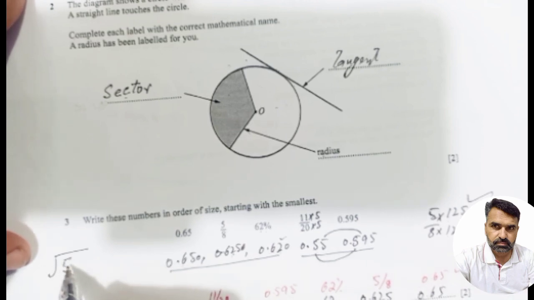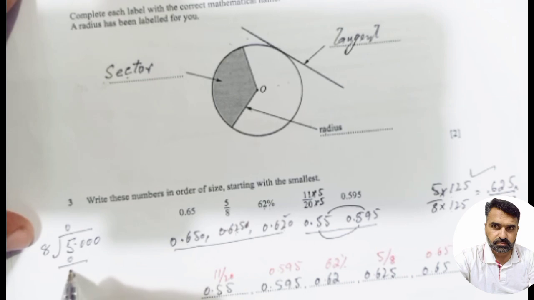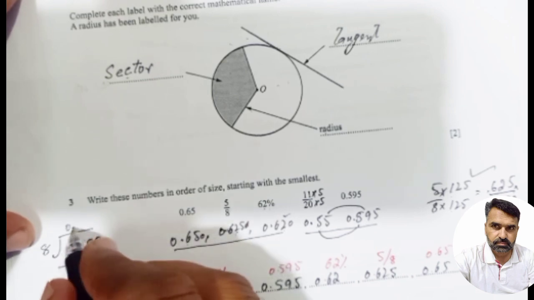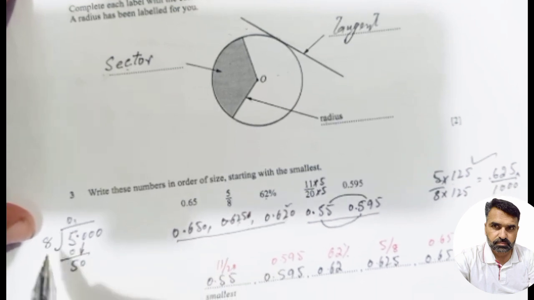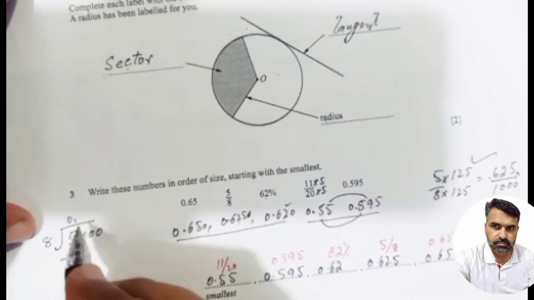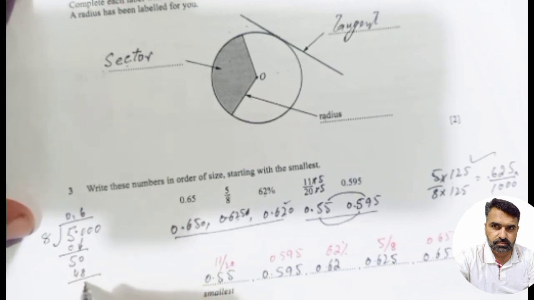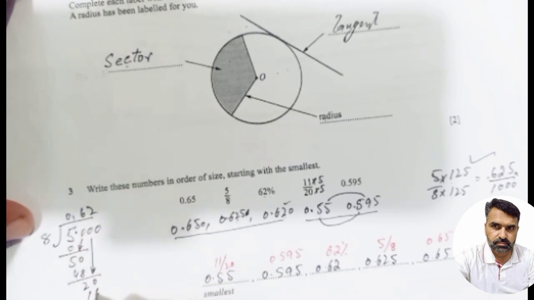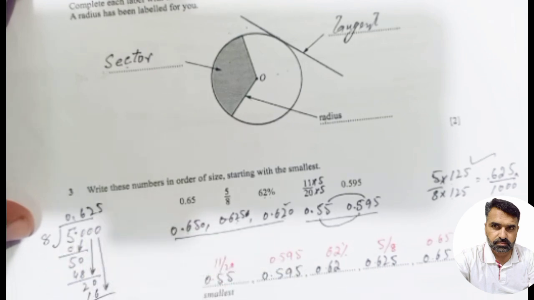And the other way is 5.000, and we will divide it by 8. 8 zeros are 0, and when we subtract 0 from 5, it will be 5, and we will put a point in the quotient and drop the next digit, that is 0. Now we will take the table of 8. 8 6s are 48, and then we subtract 48 from 50 and it is 2, and drop the next 0. 8 2s are 16 and 4, and then we drop the next 0 and 8 5s are 40.